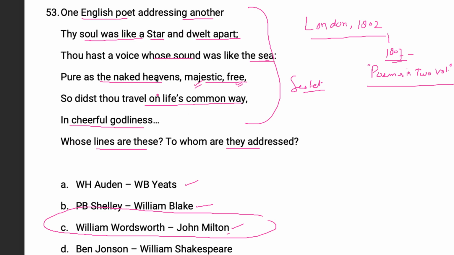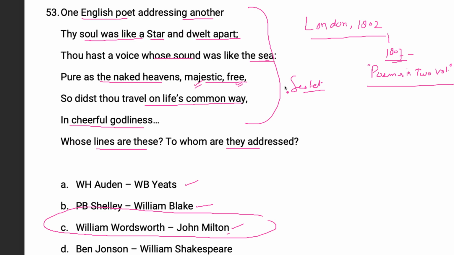And these kinds of majestic values, these free values, these sublime attributes are very much needed in the present generation, present century. So he wishes that a person like John Milton himself reincarnate, so that the lost values of the present generation are restored.